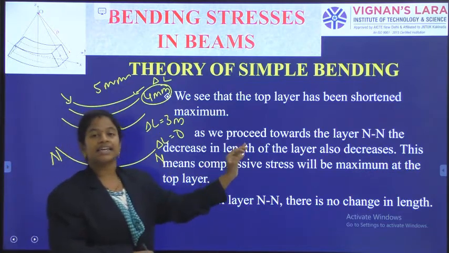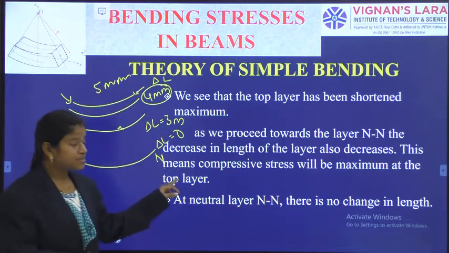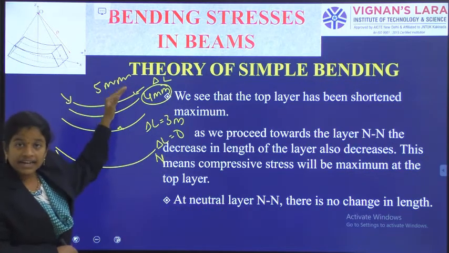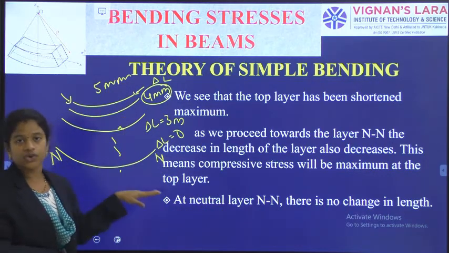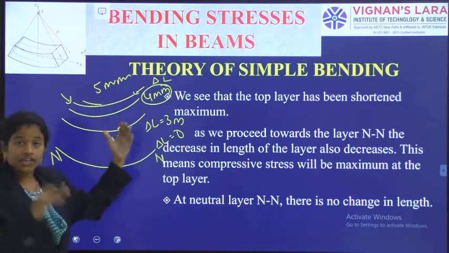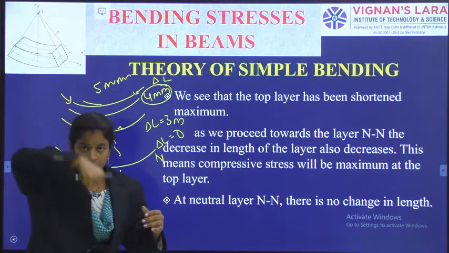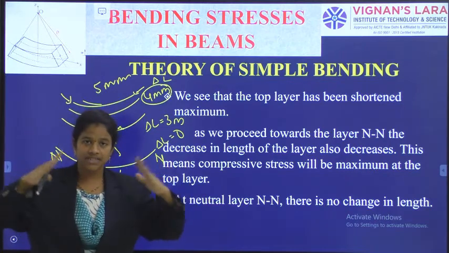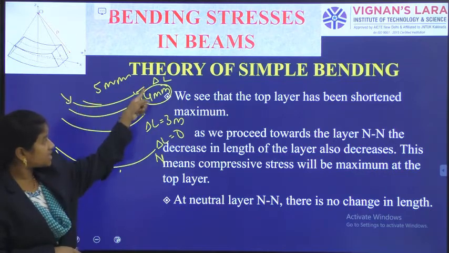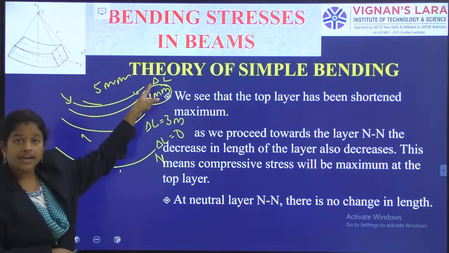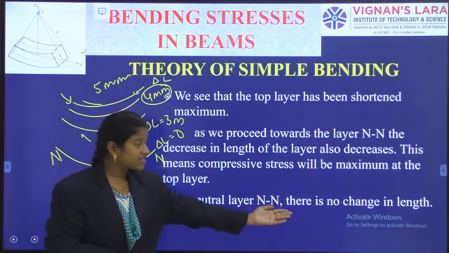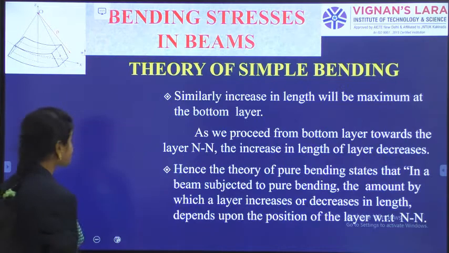This means the compressive stress is high at the top and it is reducing towards the neutral layer. Even though I am applying the load in this direction, some compressive stress is acting on the layers, and that compressive stress is maximum in the top layer compared to the remaining layers. Now, at the neutral layer, there is no change in the length.